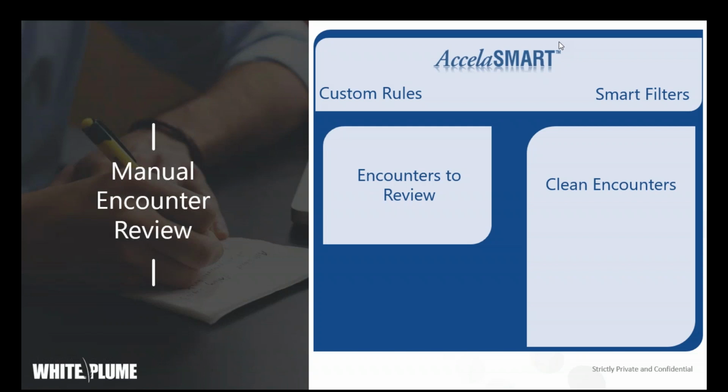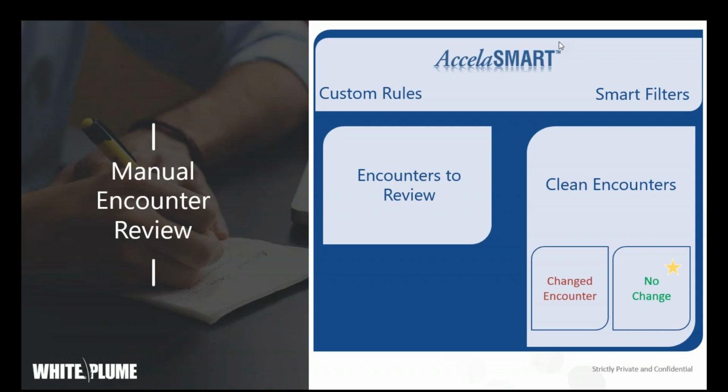When we have clean encounters, that means those are encounters that don't have any validation messages on them. They have passed all of the rules, and we expect there to be no change on those encounters, right? Because we think that they're clean.